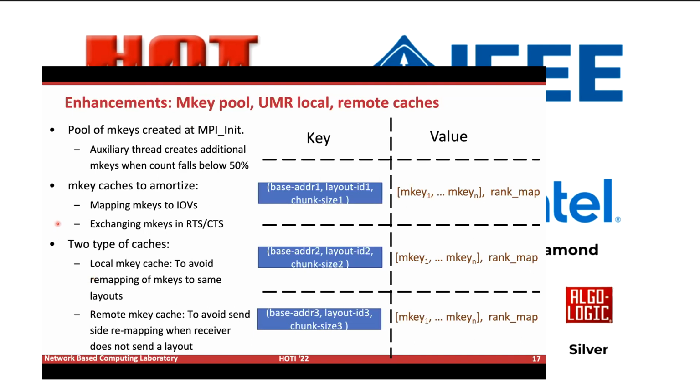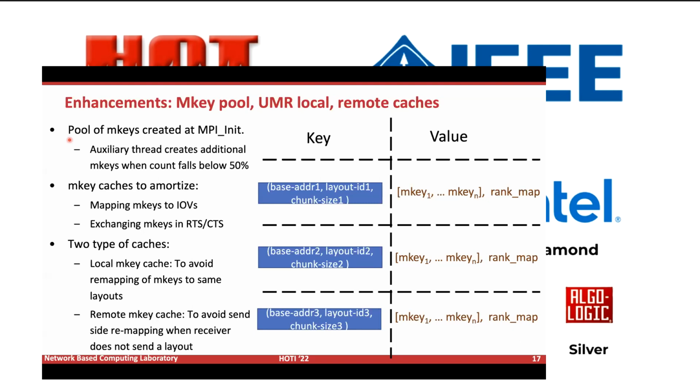So in this slide, we talk about the enhancements that we have added on top of this basic proposed UMR scheme. So here first, we look at amortizing the cost of creation of M keys. Instead of creating M keys every time in the critical path, we move it to MPI init and we maintain a pool of M keys.